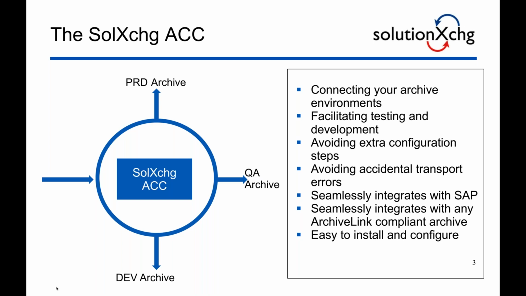And the nice thing about this little utility is it seamlessly integrates with SAP, inherits all the SAP securities that you set up in SAP, and it also seamlessly integrates with any ArchiveLink compliant archive. It's very easy to install and to configure. Like I said, it's really a simple utility. It's not a major implementation effort.